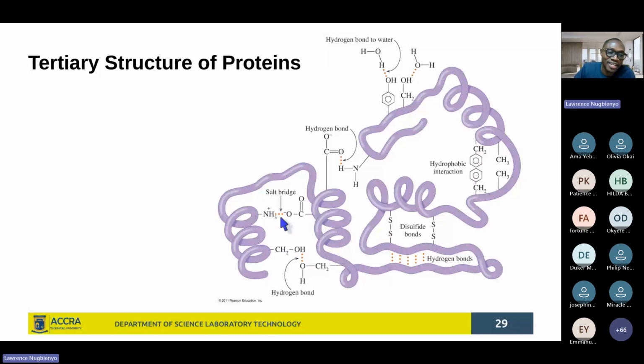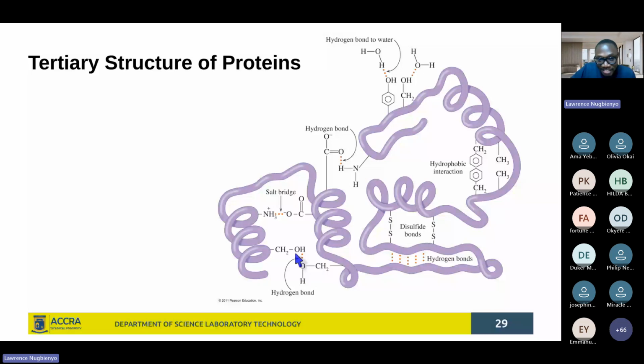Like when an acid reacts with a base, it forms a salt. So for instance, if you have hydrochloric acid reacting with sodium hydroxide, you have the salt sodium chloride plus water.